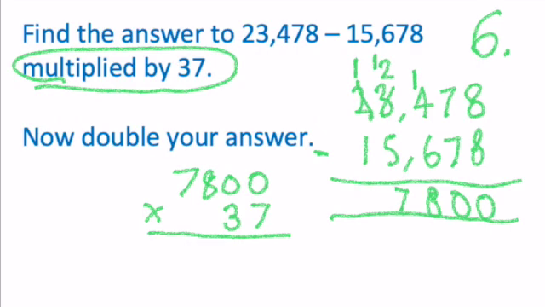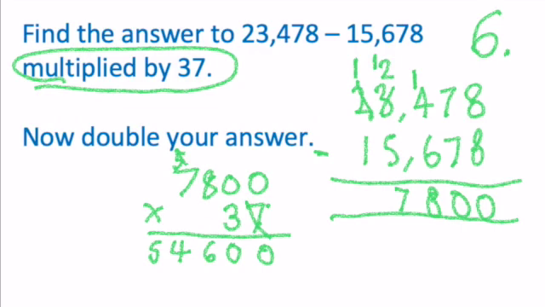Have to write small. 7 times 0, 0. 7 times 0, 0. 7 times 8, 56. 7 times 7 is 49. And 49 add 5 is 54. Just double check that. 49. Right, 54.